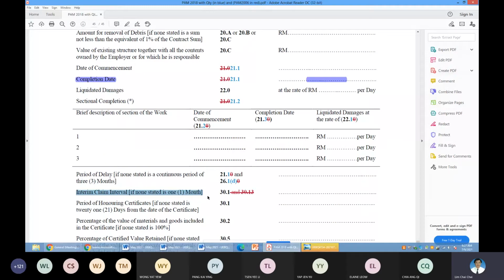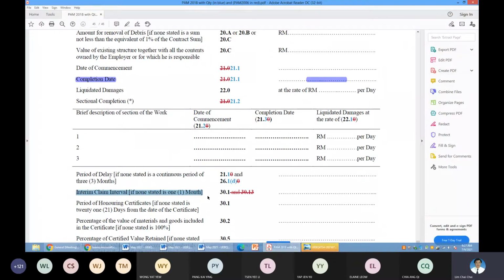If none is written here, it is at the end of each month. No CPC, the contractor can submit every month. And the QS must evaluate and the architect must issue an interim payment certificate upon each claim by the contractor.